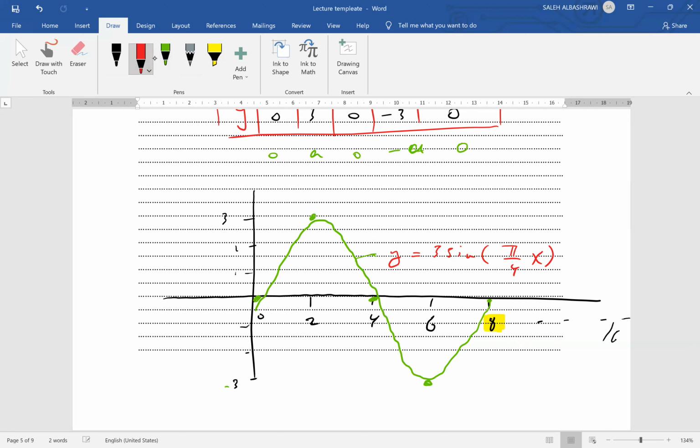And in that case, I have to graph more values for x and y, or it will be just a copy and paste of this part. I can take it either in the positive or in the negative direction. That will be the second period. But this is the graph of the function y equals 3 sine pi over 4 multiplied by x.